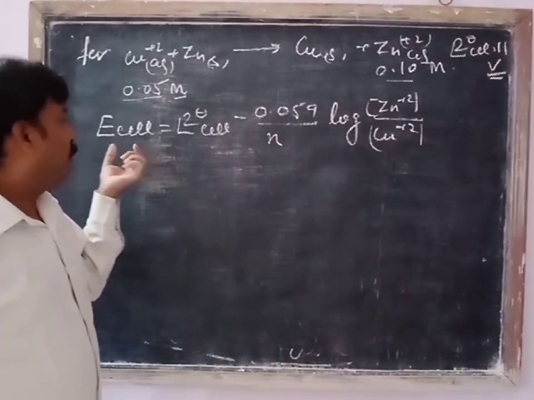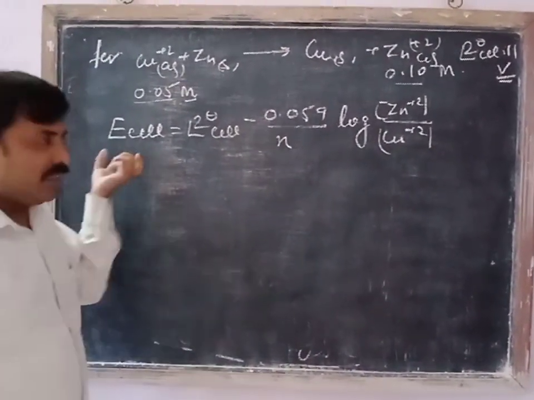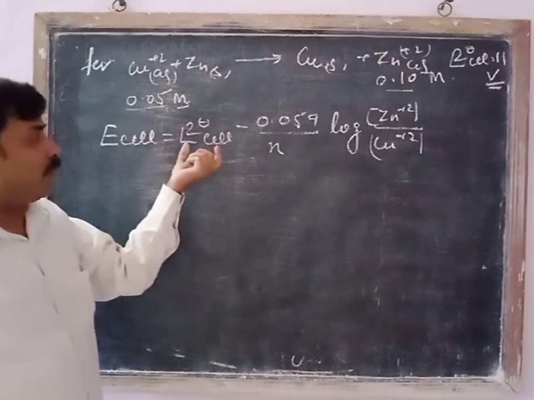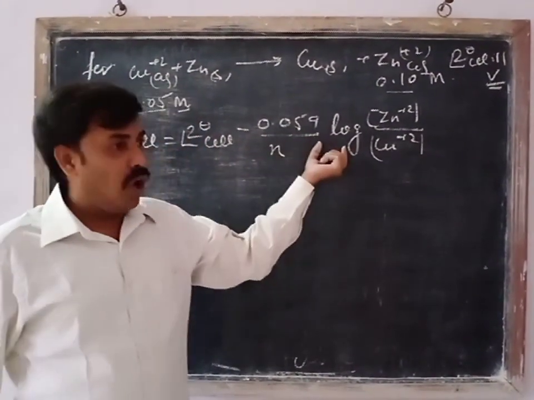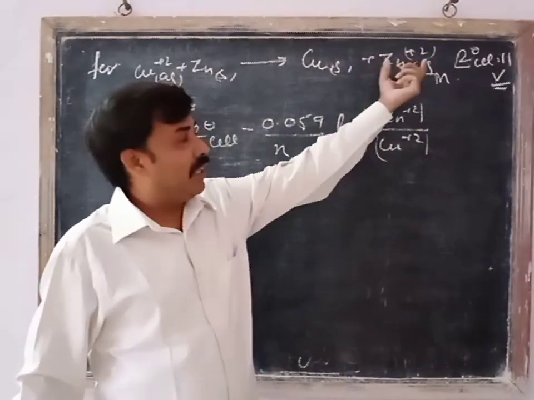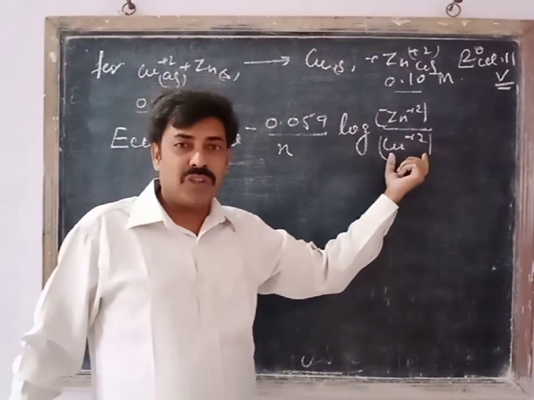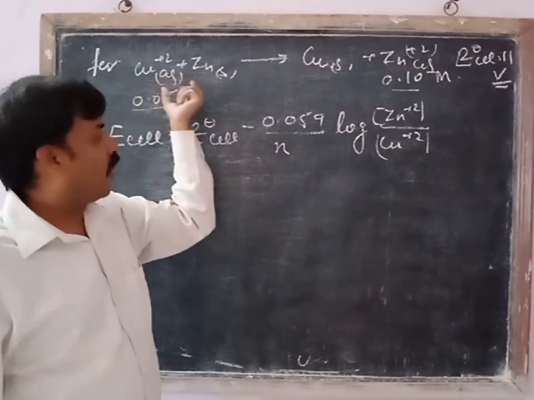Putting the values in the Nernst equation, E cell equals E° cell minus 0.059/n log of the concentration of the product ion, here the zinc ion, upon the concentration of the reactant ion, here the copper ion.